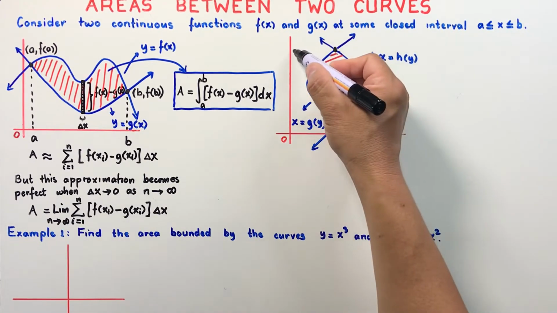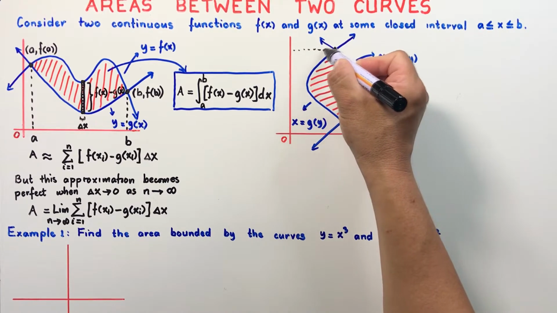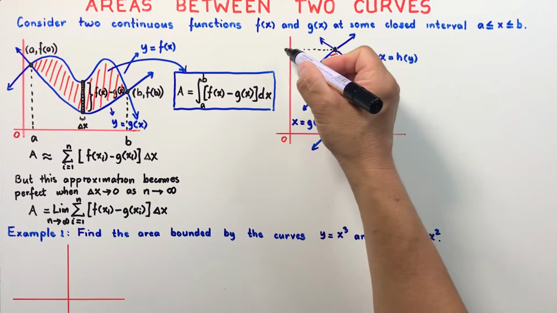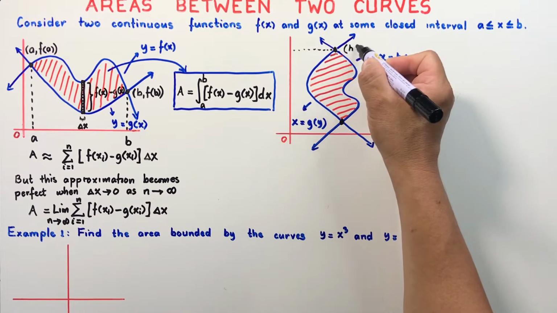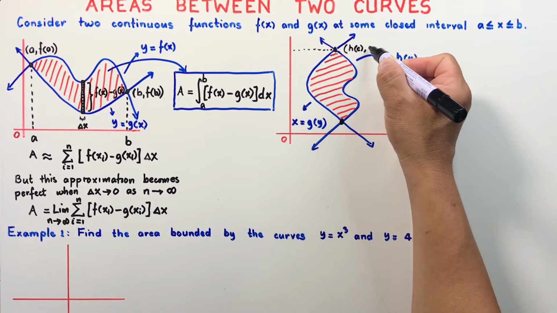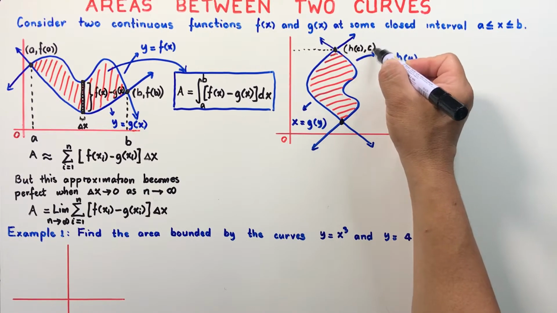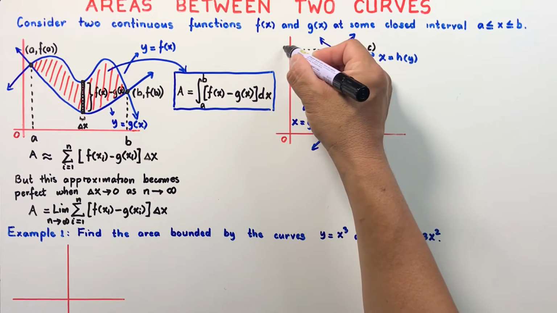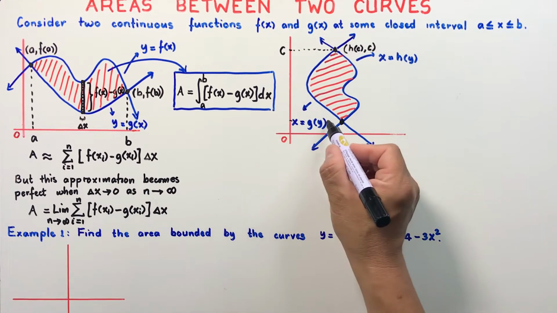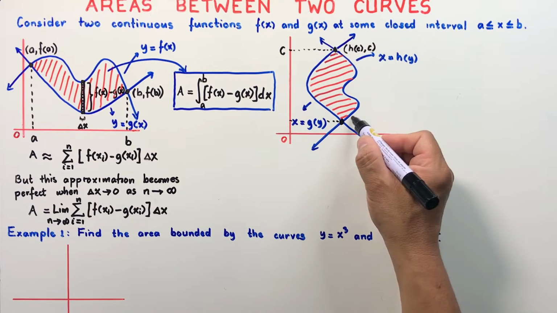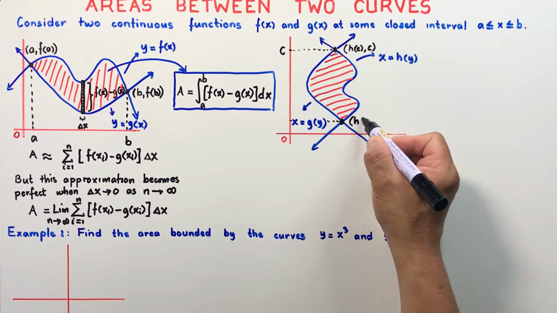And suppose this point of intersection has an x-coordinate of, say, h of c, then it has a y-coordinate of c. So this is the y-coordinate of that point. And also this point has an x-coordinate of h of d.